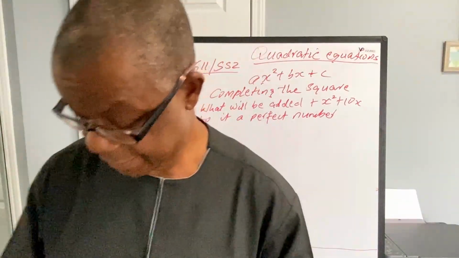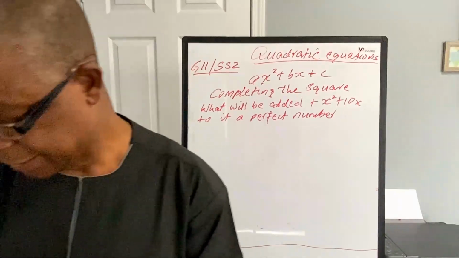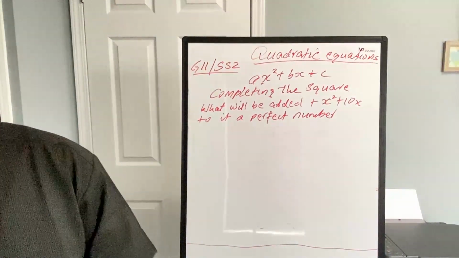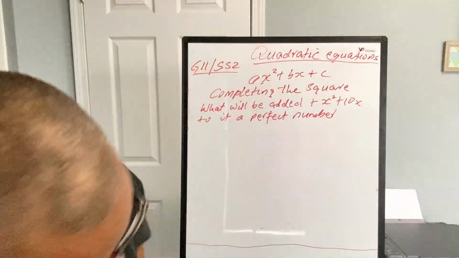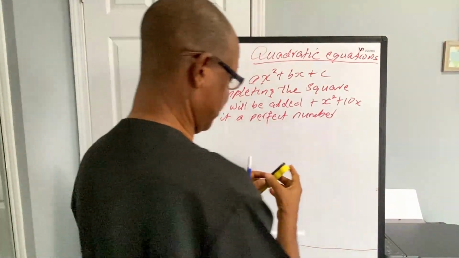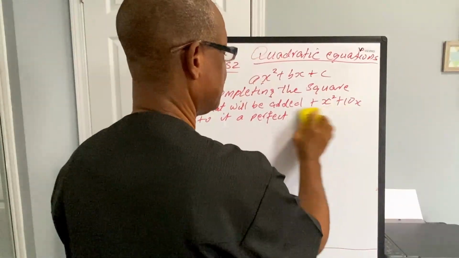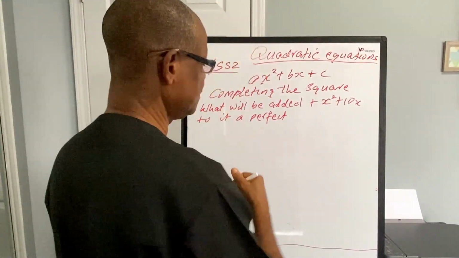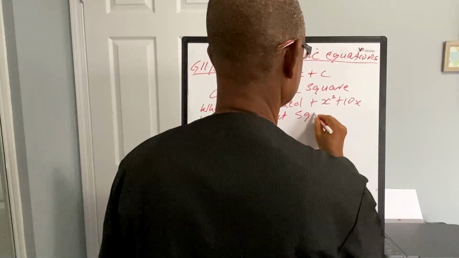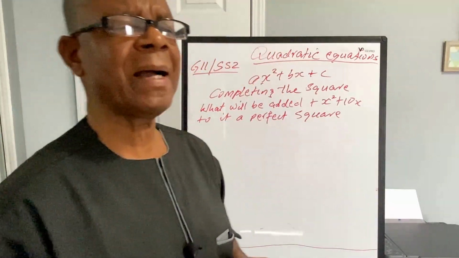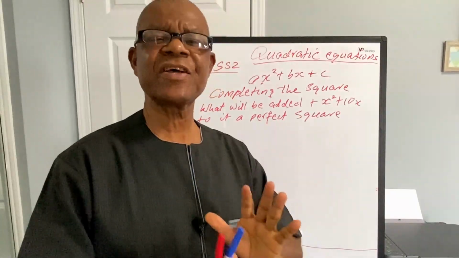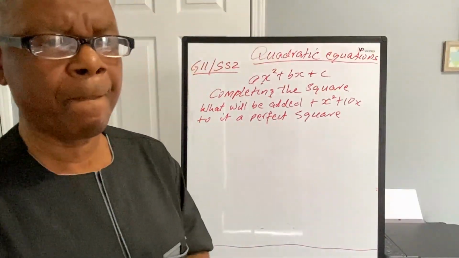What will be added to this to make it a perfect square? Let me use that word, perfect square, for more understanding. You know, in mathematics, there are several ways of solving one problem.